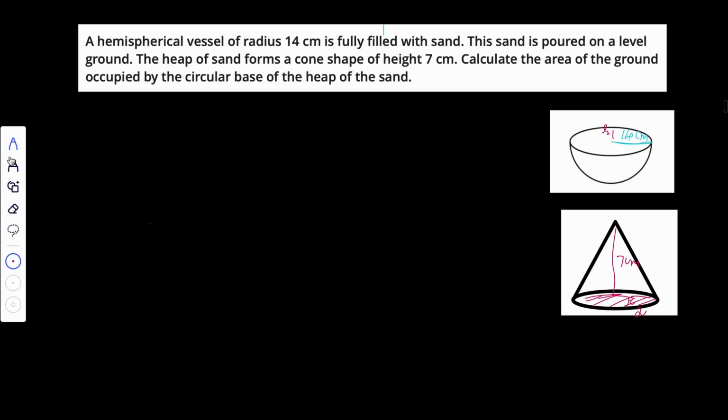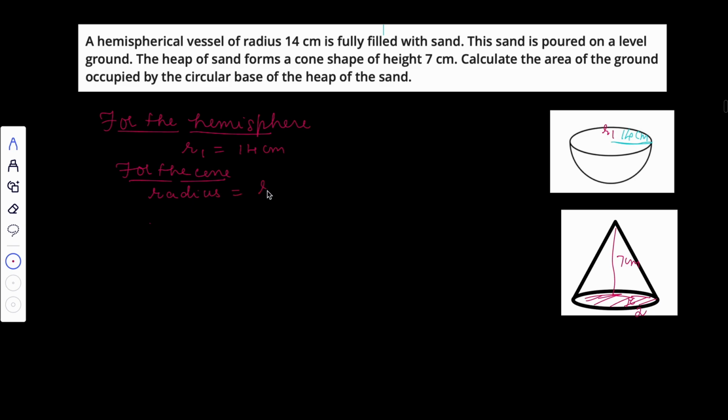Now we'll write what is given here. For the hemisphere, I'll take the radius as R1, given 14 centimeter. For the cone, the radius is R2, I'll consider, it is not given, and the height H is given 7 centimeter.